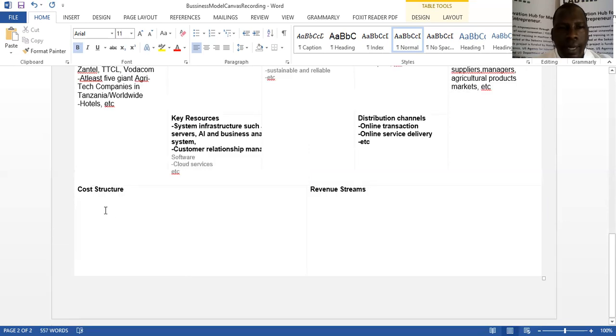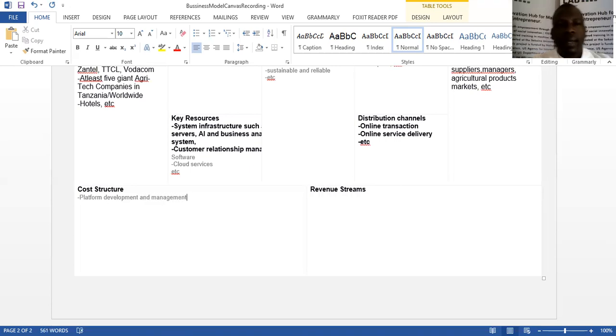So now let's look into the cost structure, because we are developing an intelligent system. First, on the cost structure, we'll think on the cost for developing the software, right? So we say the platform development and management.